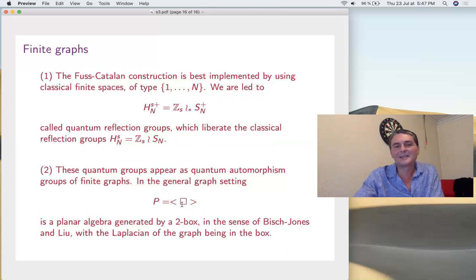The theory here is that via this correspondence between quantum groups and subfactor planar algebras, the planar algebra generated by the quantum automorphism group of a finite graph is what Bisch, Jones, and you call a planar algebra generated by a two-box. And in that box, we have the Laplacian of the graph. All this is very nice, and there are of course many results here.